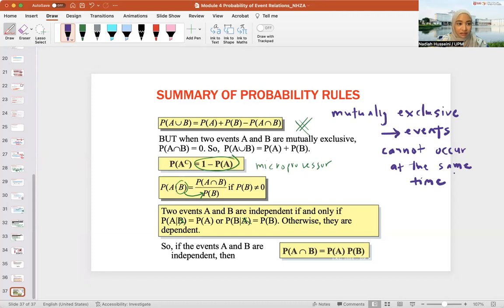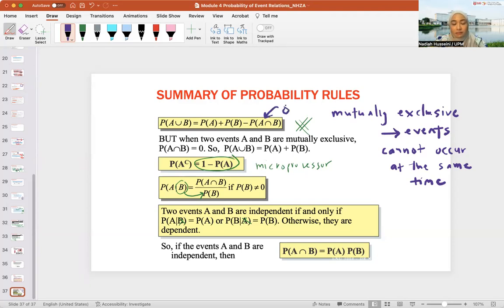My limiting factor is my handwriting, so it reduces my sample space of performance. Mutually exclusive is when events cannot occur at the same time. This is why when we talked about P, probability of A union with B, and this is the equation, if the events are mutually exclusive, this guy becomes 0.